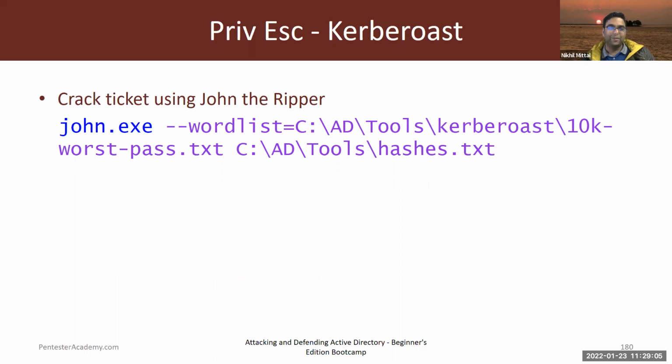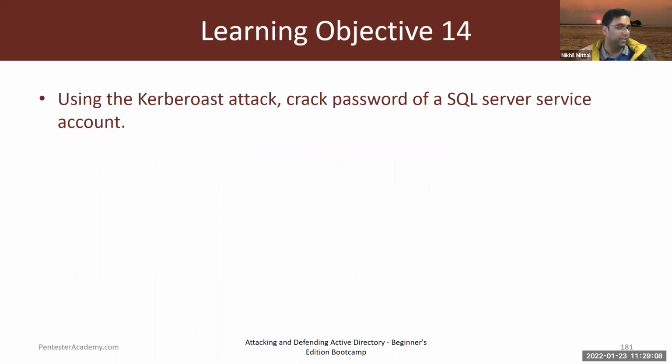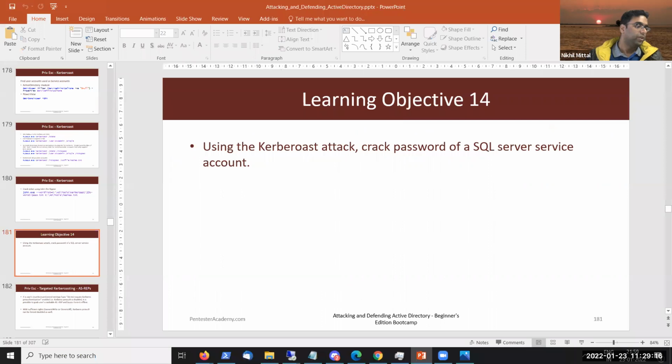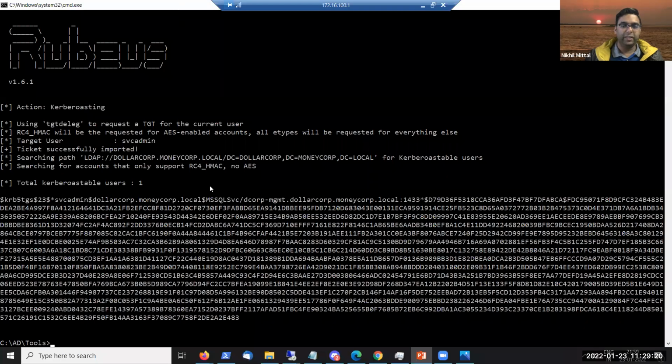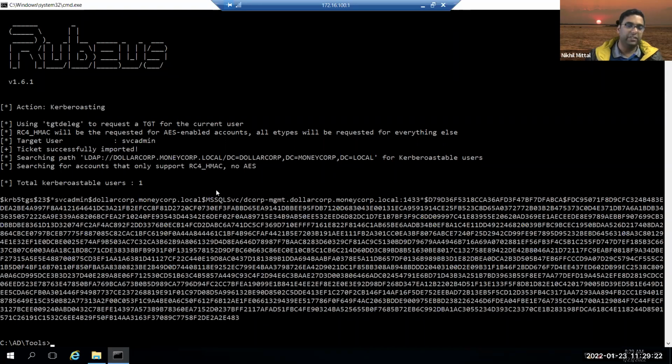All right. And this is learning objective 14: using the Kerberoast attack, crack the password of a SQL Server service account. Pretty short and sweet. So we've already decided what would be the target, SVC admin. It is a SQL Server service account and a domain admin. So we'll simply specify outfile here.